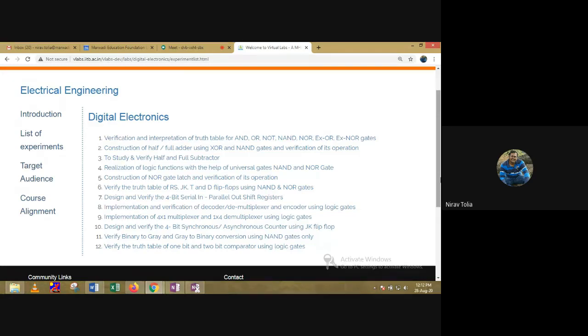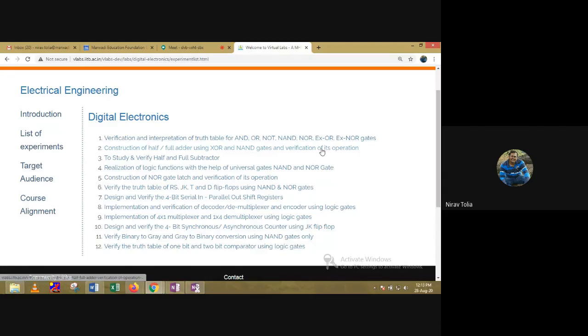In the virtual lab, it is experiment number 4, which is realization of logic functions with the help of universal gates, NAND and NOR logic.